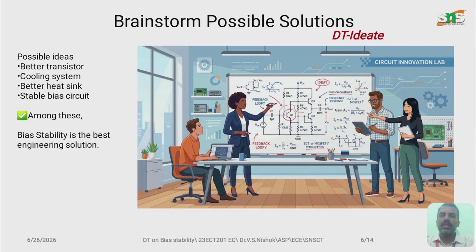Whichever best suits the problem is identified using the brainstorming session. At the conclusion of the brainstorming session, bias stability is decided as the best engineering solution.